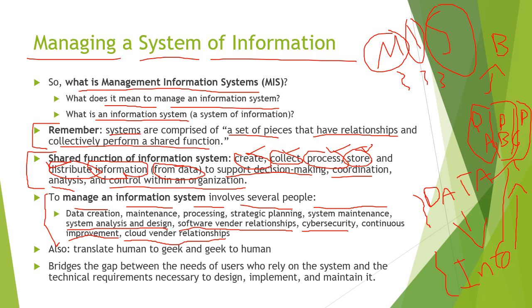So there are all these different components that go into managing this system of information, right? To manage all the data so that it can be processed and distributed to the proper people.